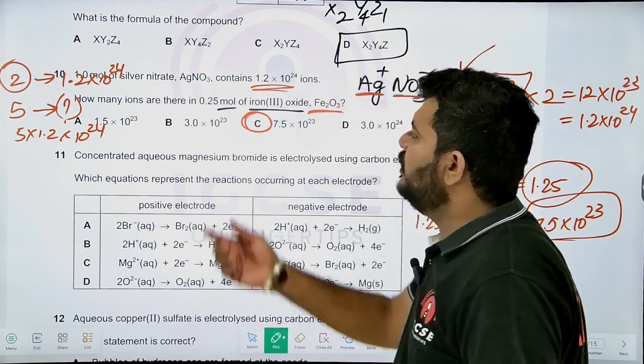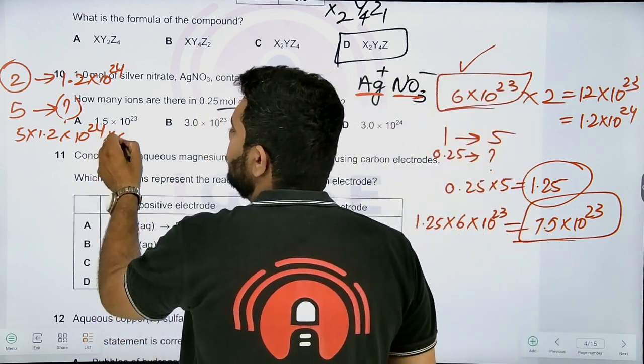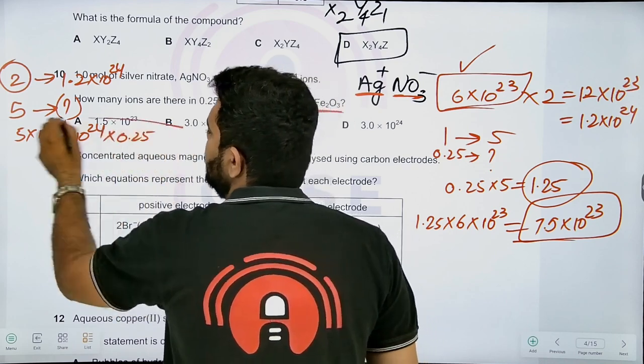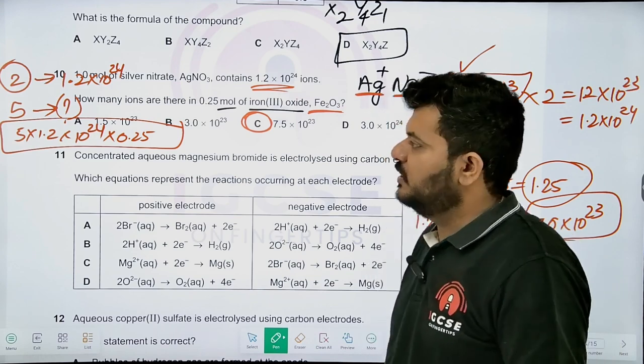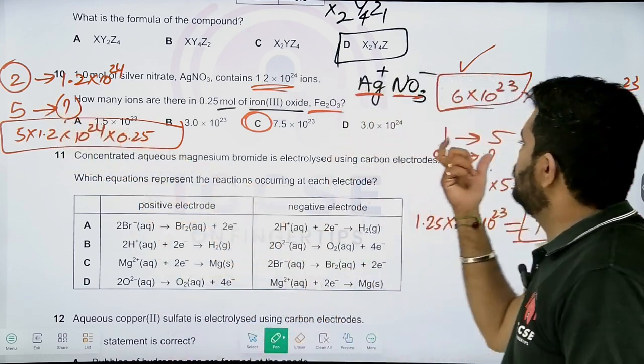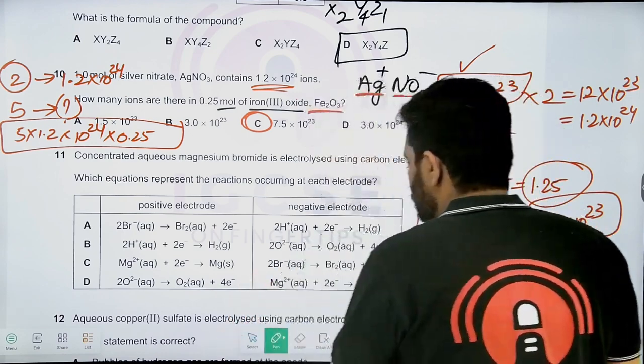But do we have 1 mole? No, we have 0.25. So I will multiply 0.25 over here. This will also give the exact same answer. This uses ratio, this uses more of chemistry. You can do whatever method you find easier.